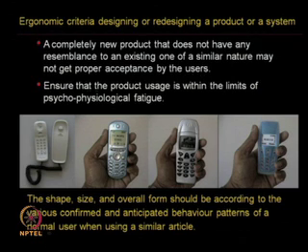Ensure that the product usage is within the limits of psychophysiological fatigue limits, like this handset mobile telephones, the operability, etc. The shape, size and overall form should be according to the various confirmed and anticipated behavior patterns of a normal user when using a similar article.